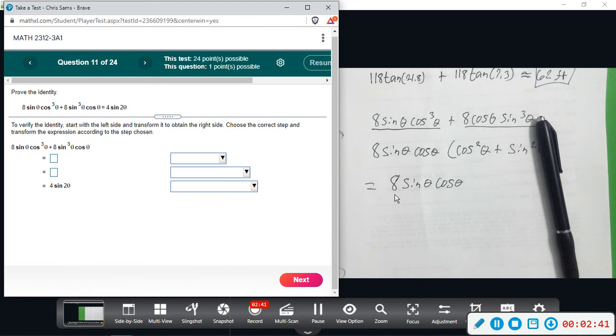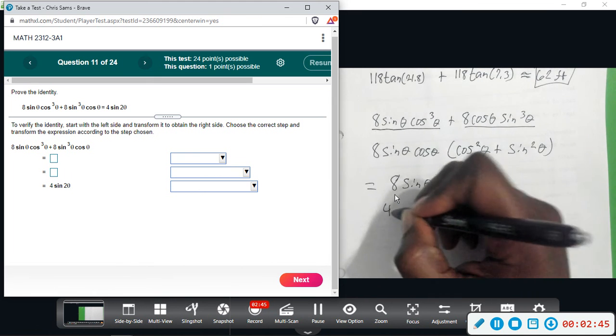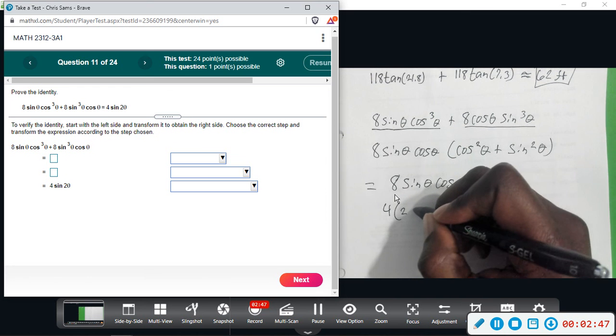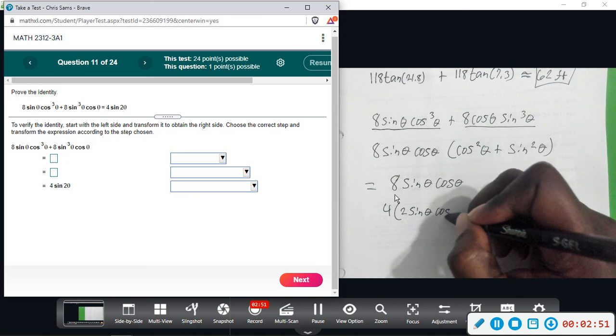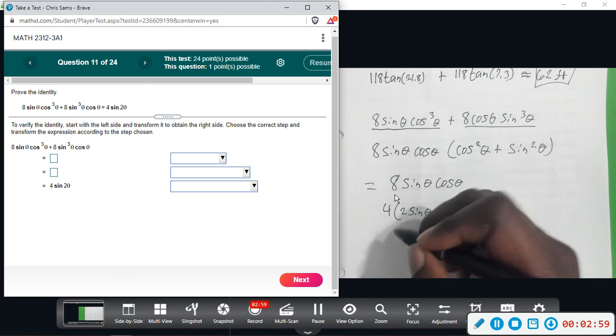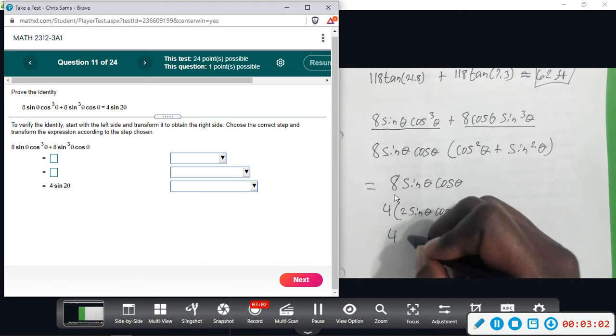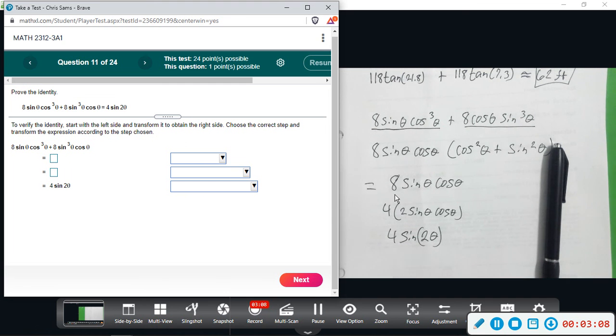Looking at this, you can factor out a 4. So if I factor out a 4, that'll leave me with 2 sine theta cosine theta. The reason why I want to factor out a 4 is because I knew that was the identity. This is equal to sine 2 theta. So that 4 comes down. I have 4 sine 2 theta, and that's what we were trying to get.